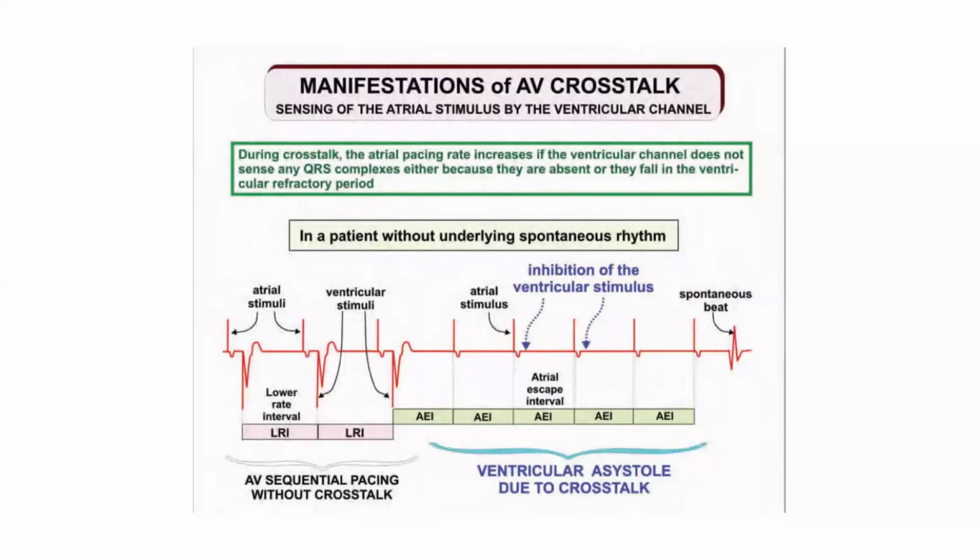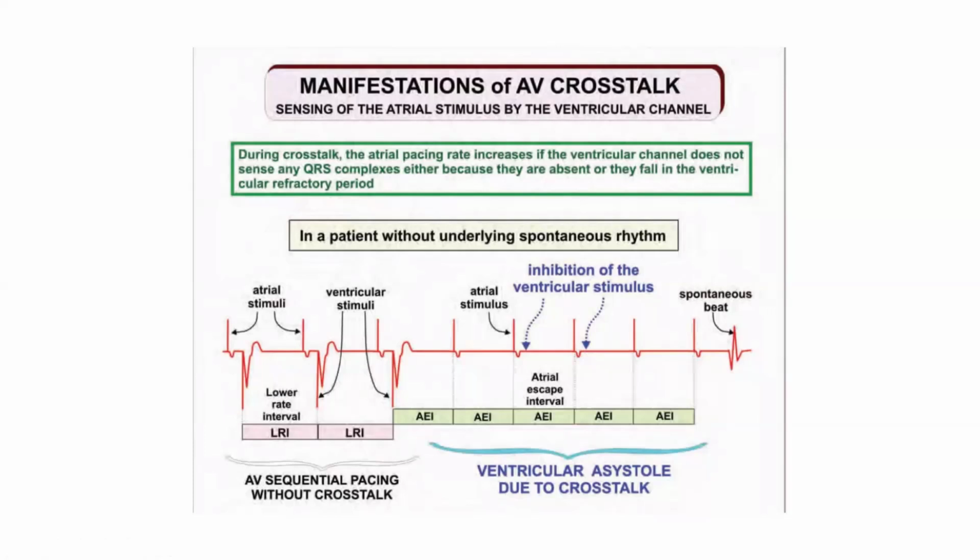So if the pacemaker in the ventricular lead sees the atrial spike and mistakes it for a QRS complex, it will not fire, and this may cause the patient to go into asystole. Like this example, the patient's device is sensing its atrial spike as a QRS complex and it doesn't fire. And this is called crosstalk.